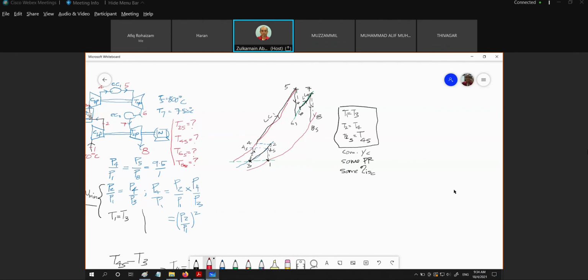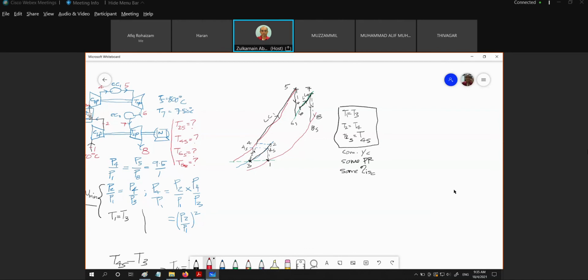Both of these are in order to increase the net work. What we are going to look at right now is the third modification, which gives us the increase of thermal efficiency.